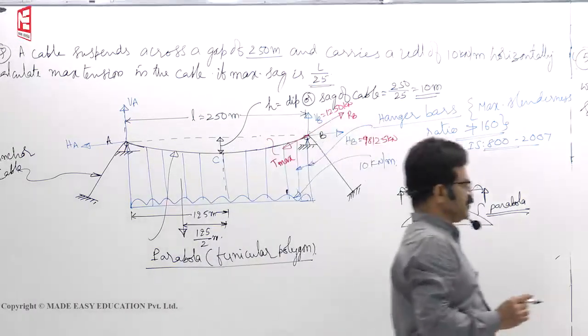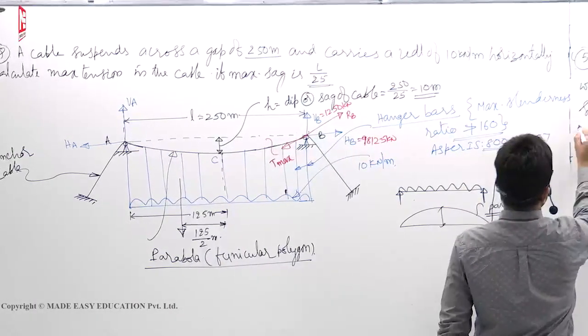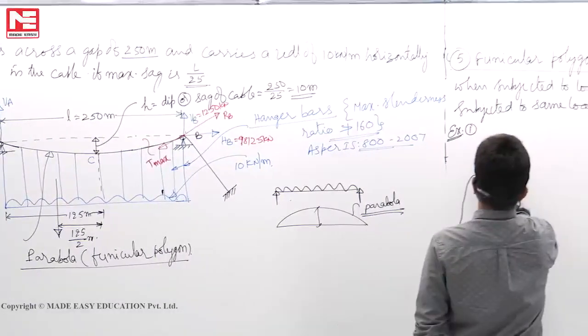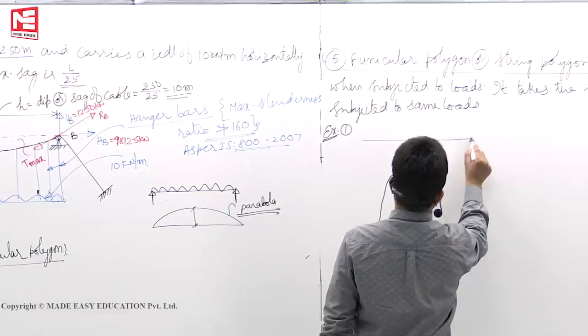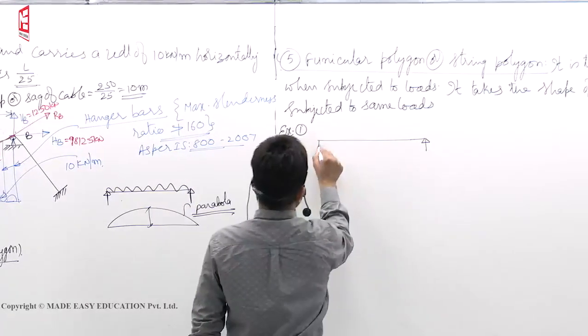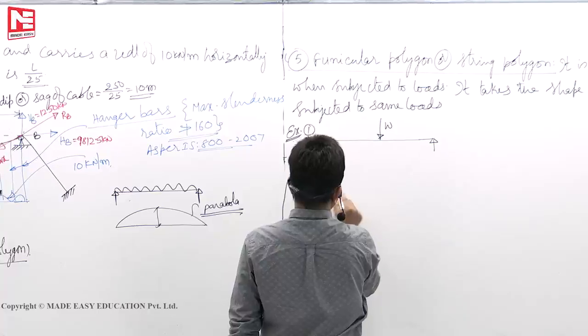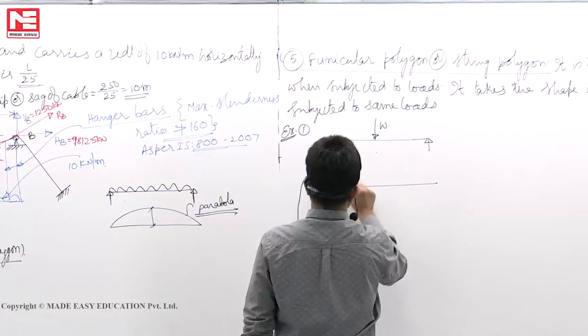Such examples, when I take here, assume that we have a simply supported beam subjected to a central point load W. The bending moment diagram is like this.